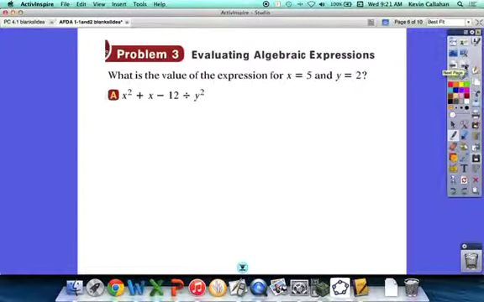Okay, what is the value of the expression? So now we're evaluating, right? Evaluating an expression means substitute values for the variables and then see what it equals, right?